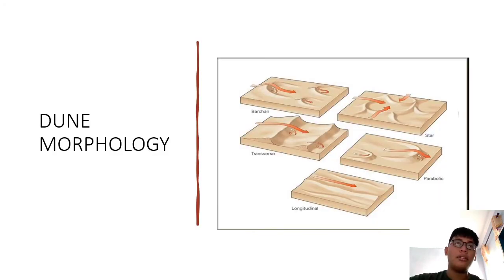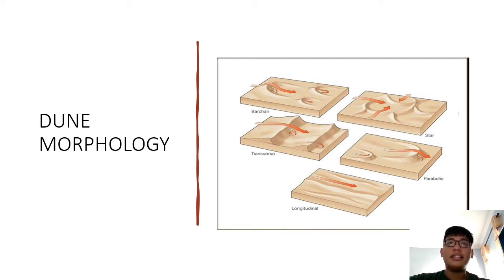So about dune morphology, there is the barchan, which has the pattern of the movement of the wind from upper to lower, and the star, which occurs when the wind direction comes from three directions.